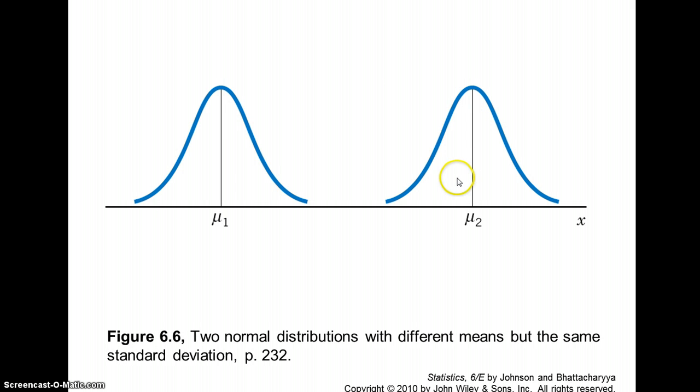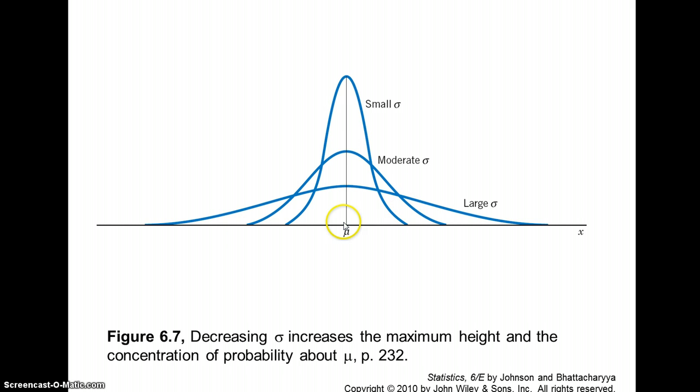And when we have two different means, you can see the shape still looks the same. It's just the center, the mean, is in a different place. And if we have different standard deviation, you can see the height is different.